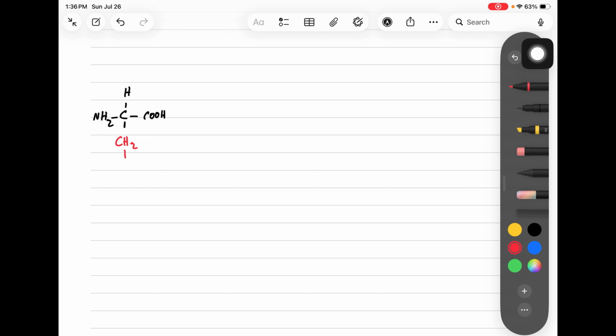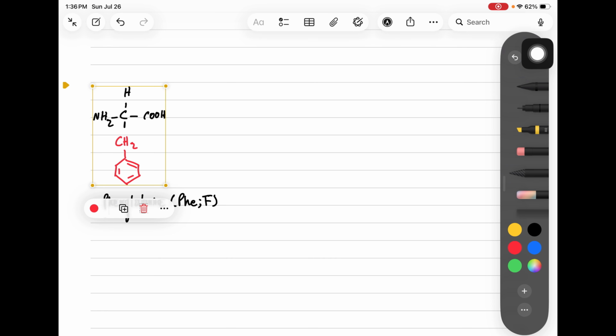There's a CH2, and there is a ring structure, a benzene ring here. And this is called phenylalanine. We're going to show it with PHE, and then the letter F.